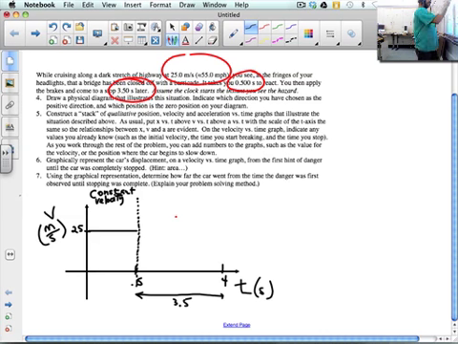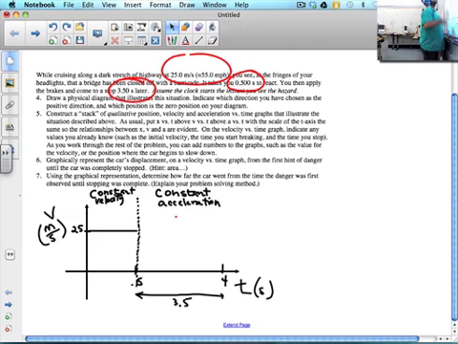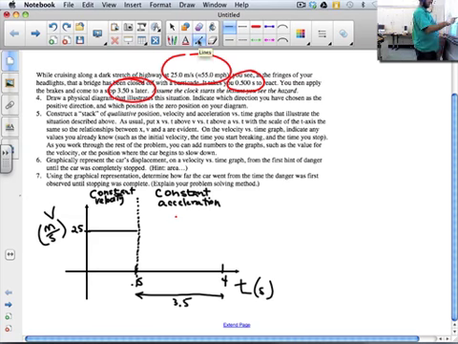In the next section, we have constant acceleration. Let's see here. So I'm going to start here.